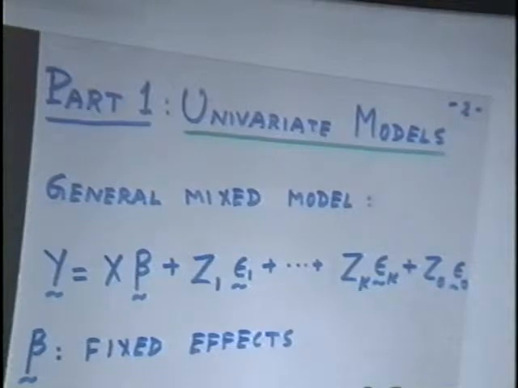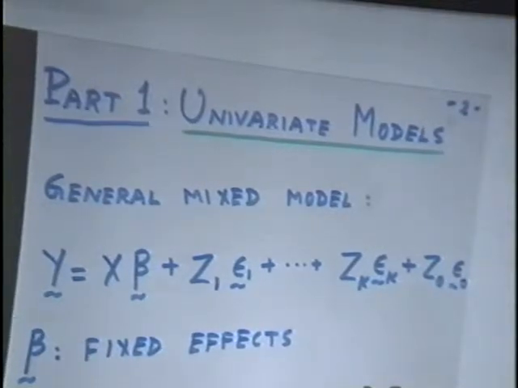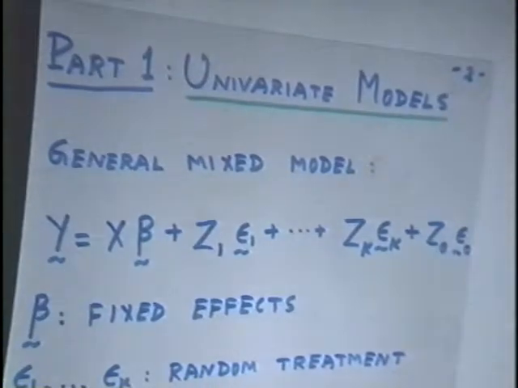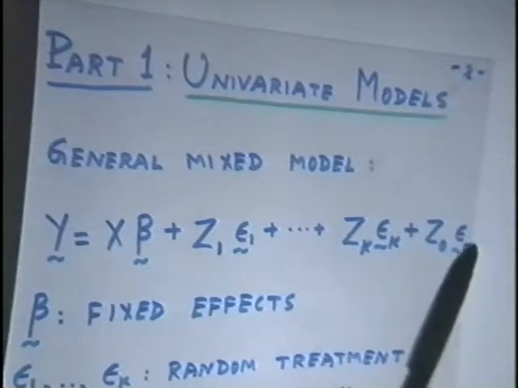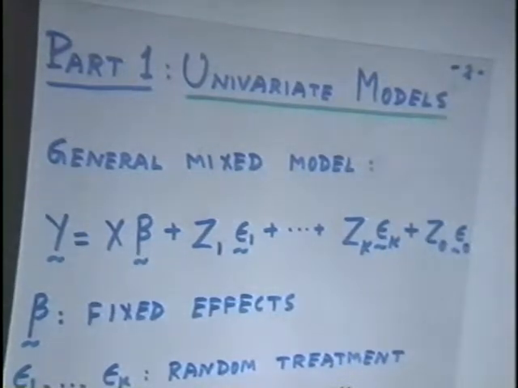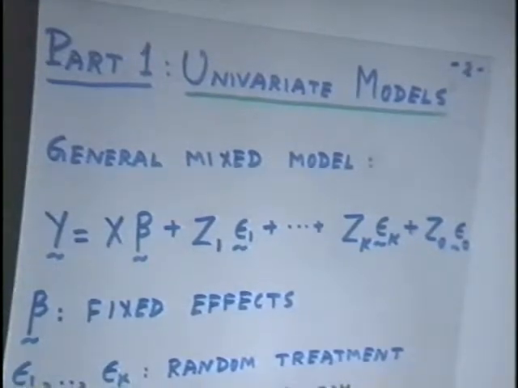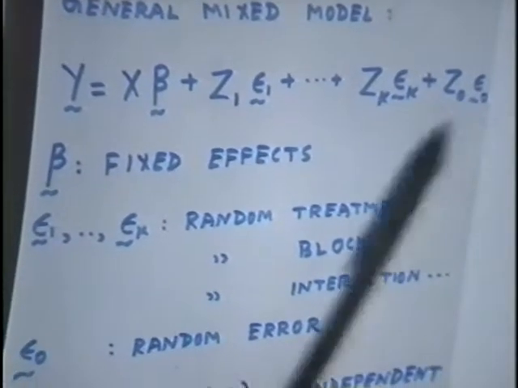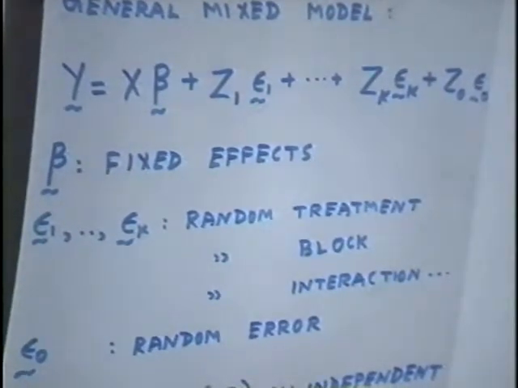So let us look at the general mixed model involving the fixed effects beta and the random components epsilon 1 to epsilon k, and the last part is epsilon 0. These could be, for example, the random treatment effects or the random block effects or the random interactions, and epsilon 0 stands for the random error component.